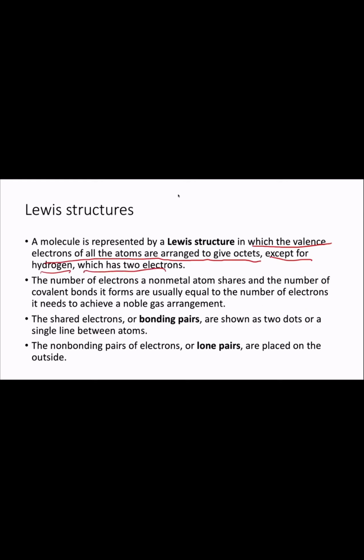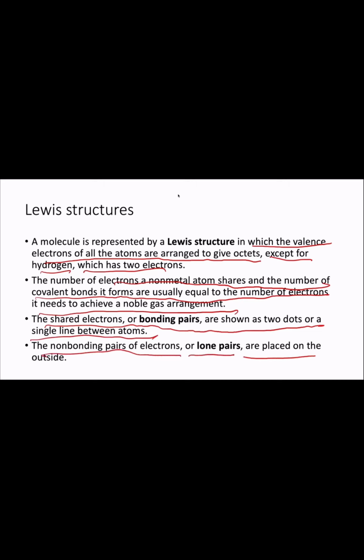The number of electrons a nonmetal atom shares, the number of covalent bonds it forms, usually equals the number of electrons needed to achieve noble gas configuration, and that's going to be 8 electrons to get the full valence shell. The shared electrons or bonding pairs are shown as dots or lines between atoms. The non-bonding pairs of electrons, lone pairs, are placed on the outside.